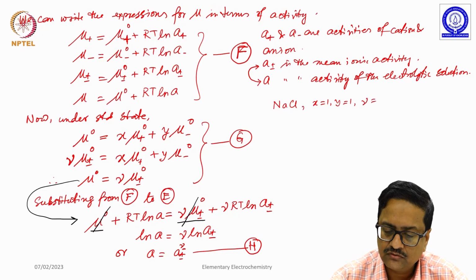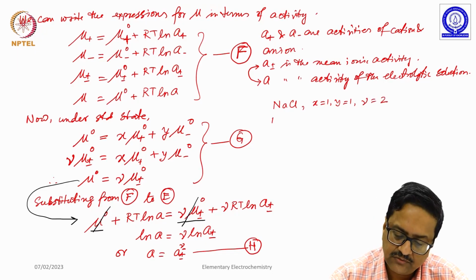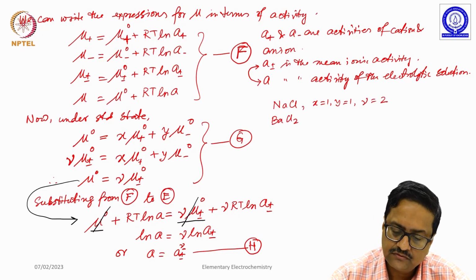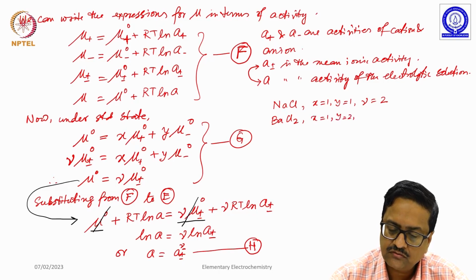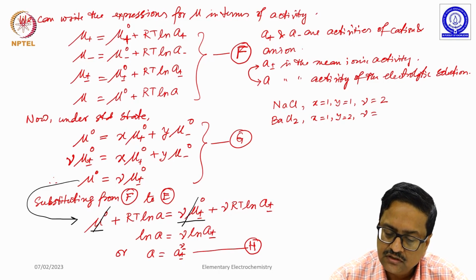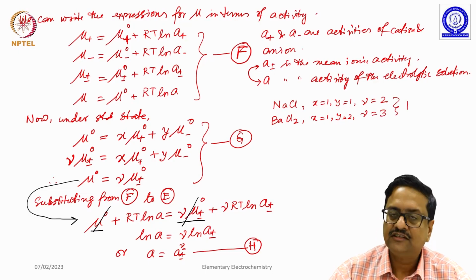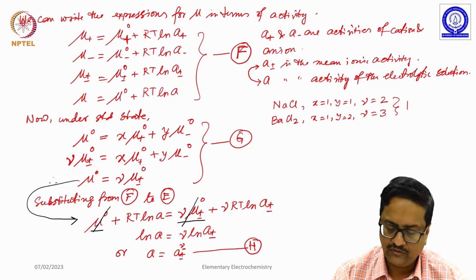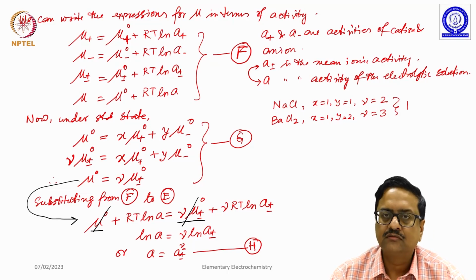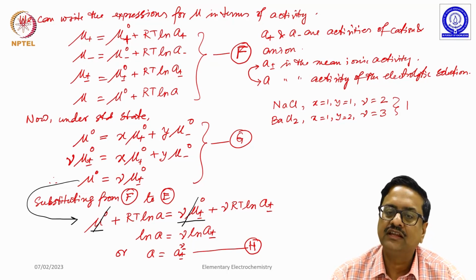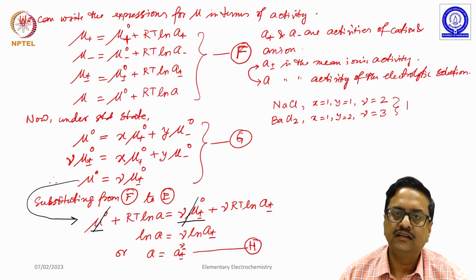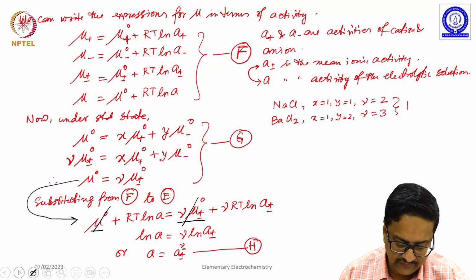So, nu equal to 2. If you are talking about BaCl2, x equal to 1, y equal to 2. So, nu is equal to 3. Like that, this relationship is either a relationship of square or cube or to the power 4 and so on, based on the stoichiometry of the salt that we are dealing with.